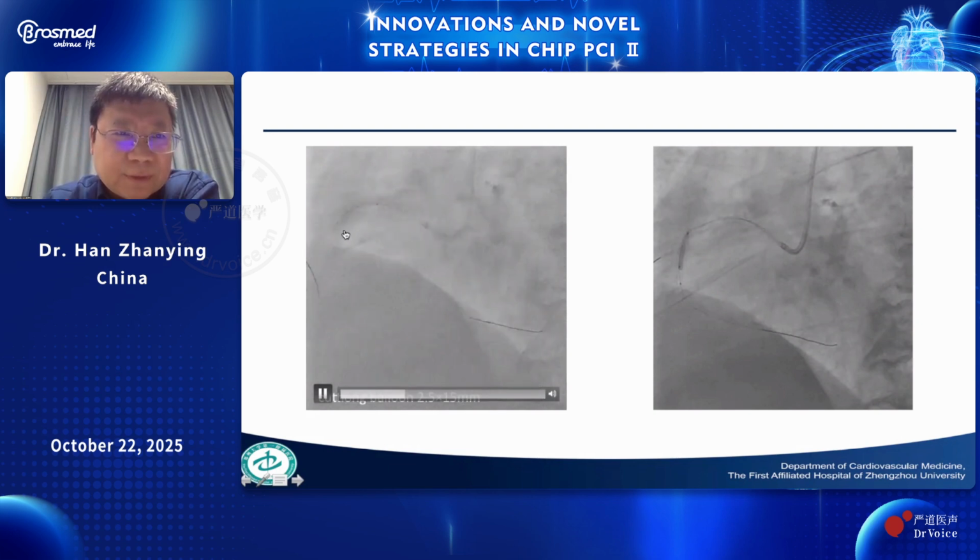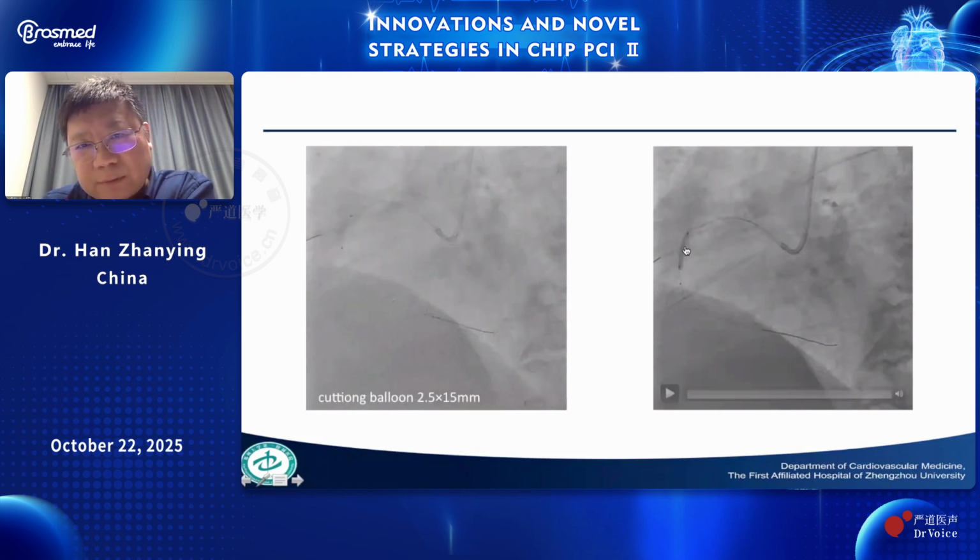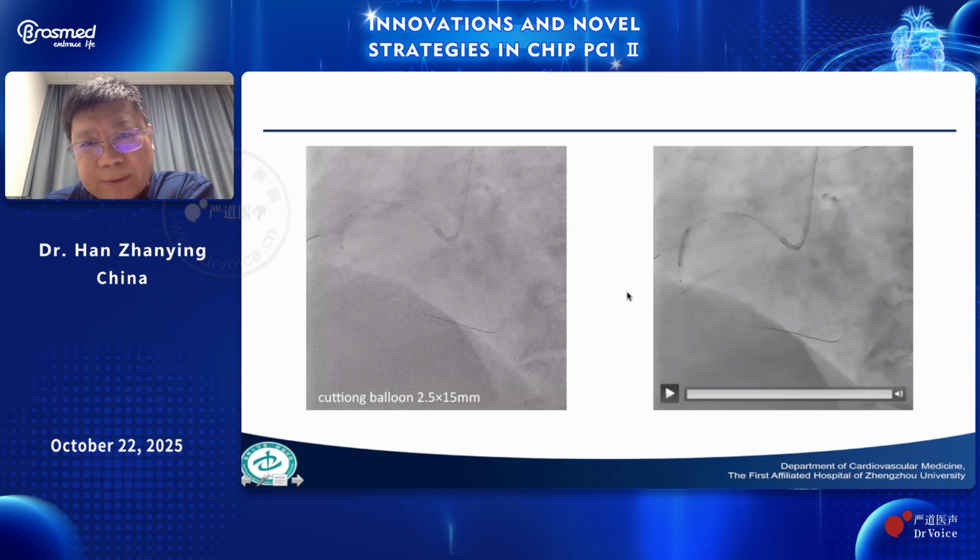It has 3 marks. We have noticed it is relatively difficult to advance this cutting balloon to the distal part of the right coronary artery, so I have just inflated as the program here.